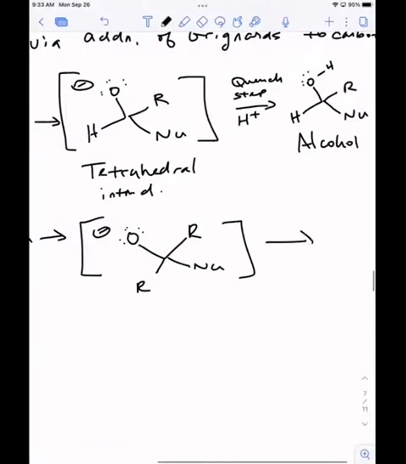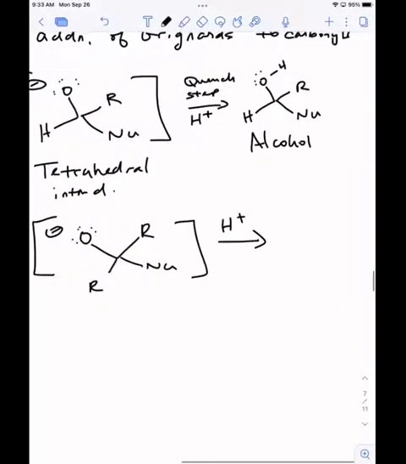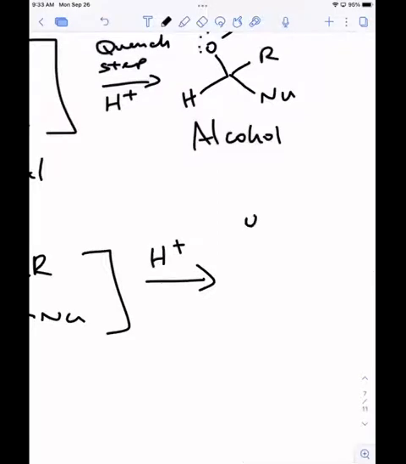Same, and then the same thing, I'll have a quench step, right? Where I just add in H plus. That quench is going to protonate the alcohol, but it's also going to use up the rest of the Grignard as well, right? Because the Grignard is very sensitive to protic solvents or acids, and so it's going to basically use up whatever's left of the Grignard also, right? So then I'll have this as my alcohol.